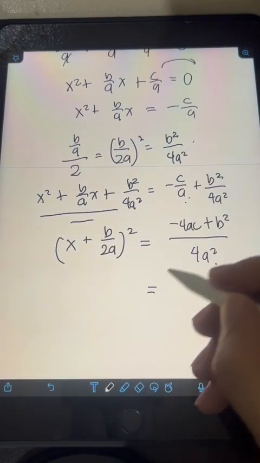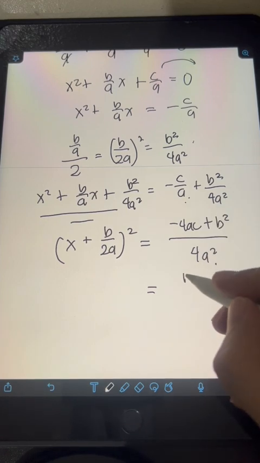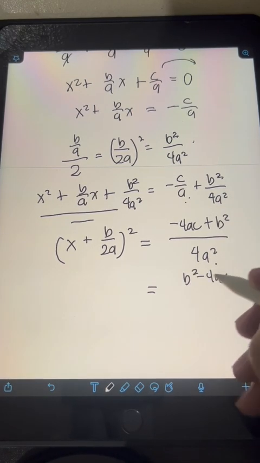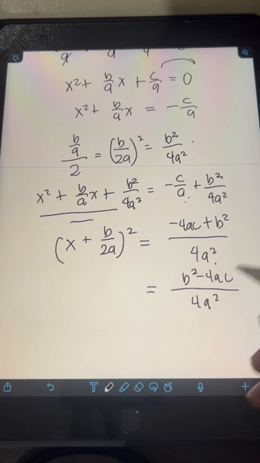Or we can rearrange the numerator as b squared minus 4ac over 4a squared.